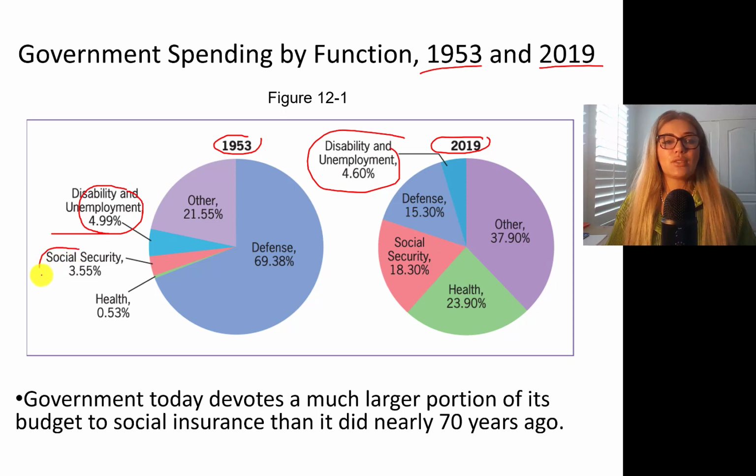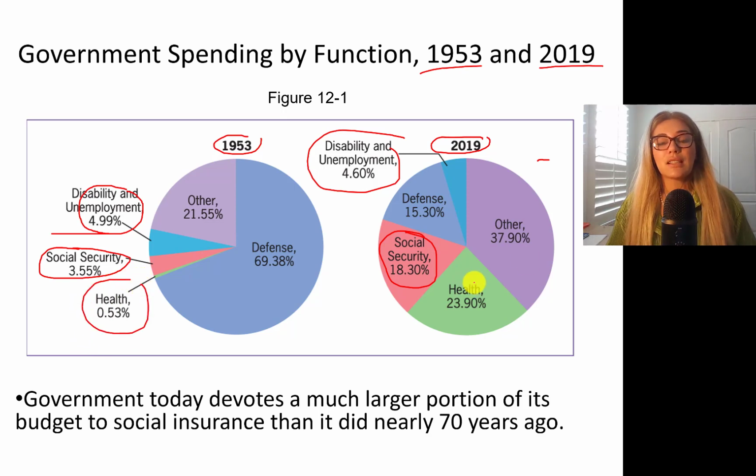And then Social Security, 3.55% in 1953. It's gone up to 18.3% these days. Health was 0.53%. Now it's almost 24% of government spending. And the other spending group has gone up.